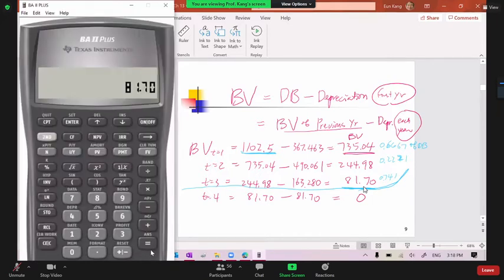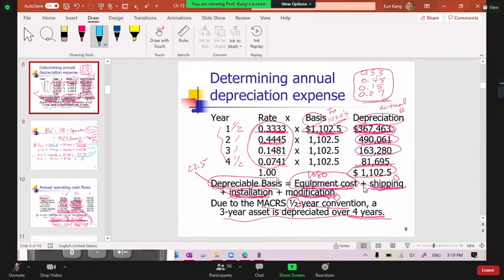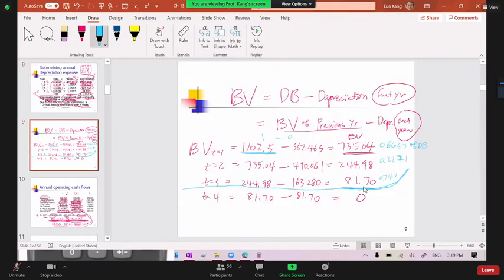Wait, how did you get the 0.6667? That is actually in percentages. 1102.5 is 1, right? 100%. 1 minus the first year depreciation, 0.3333. Oh, I see. Okay, thank you. Yeah, good question.